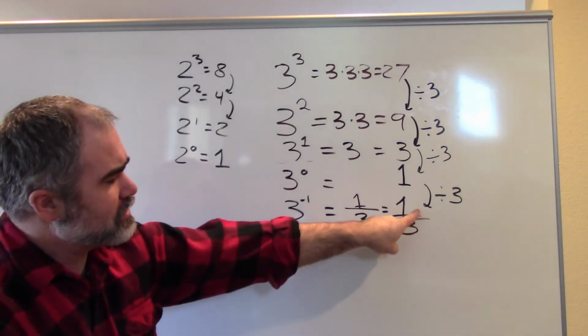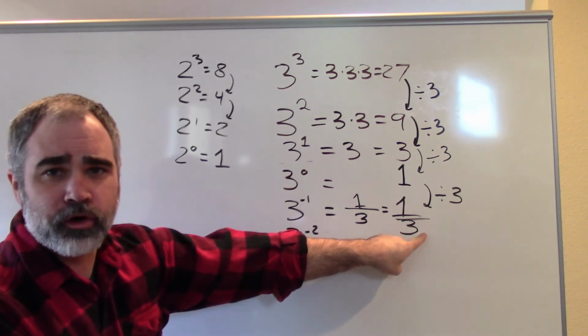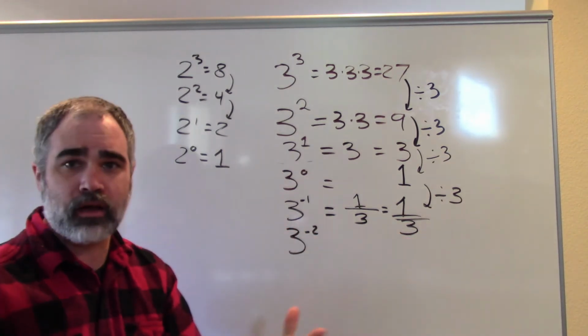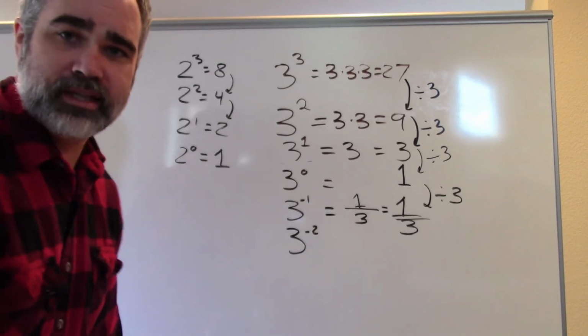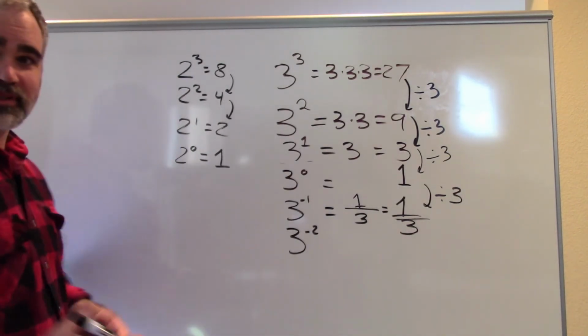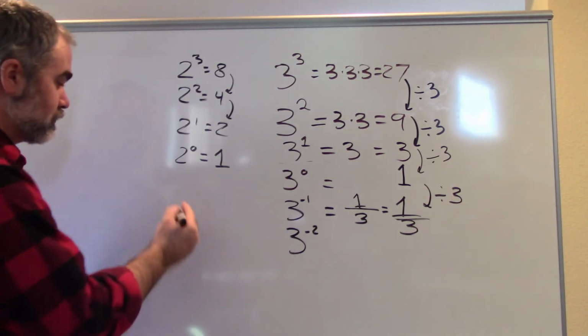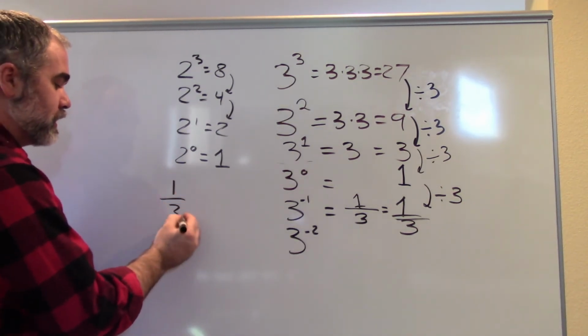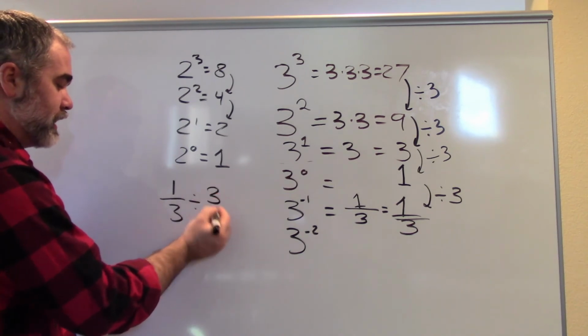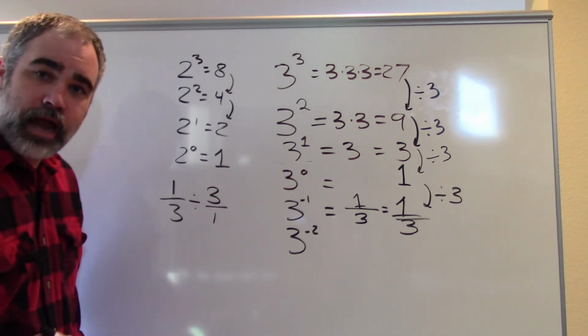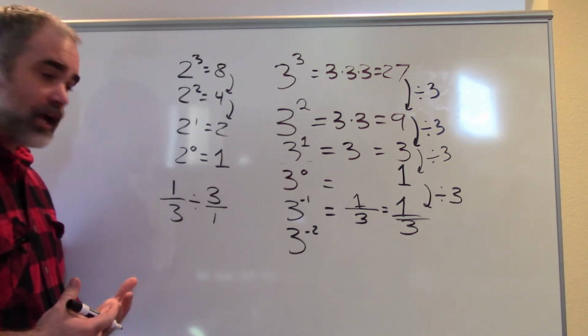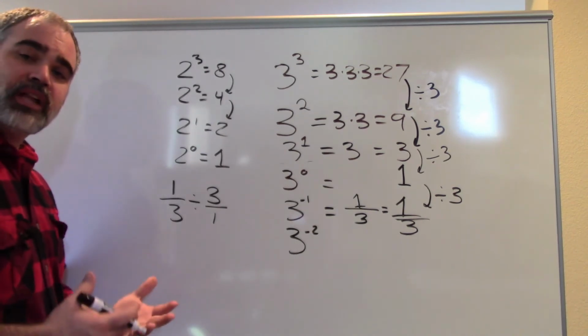That means we need to divide 1/3 by 3. Now, you can divide fractions pretty easily. Don't be scared. This is something they teach you in 4th grade. It can't be that hard, okay? So I have 1/3, and I'm going to divide that by 3, put that over 1. So I have 2 fractions here. And you remember how to divide fractions? All you need to do is multiply by the reciprocal.